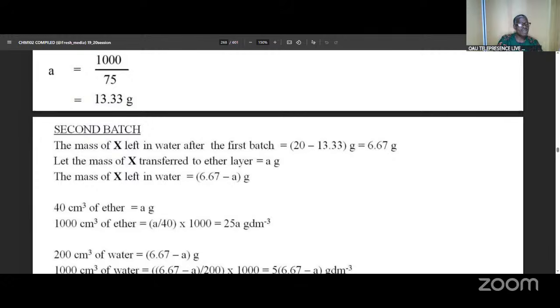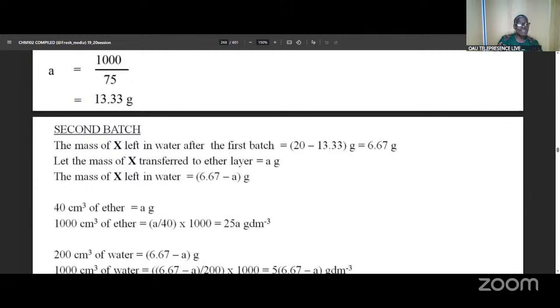The mass of X left in water after the first batch will be 20 minus 13.33 grams, which remains 6.67 grams in the mixture.